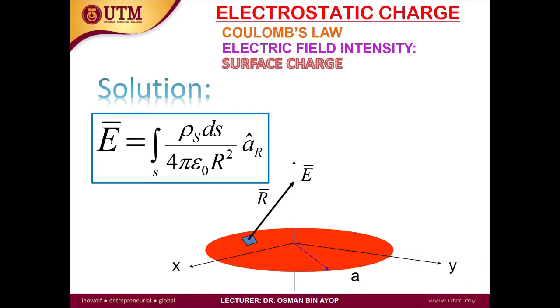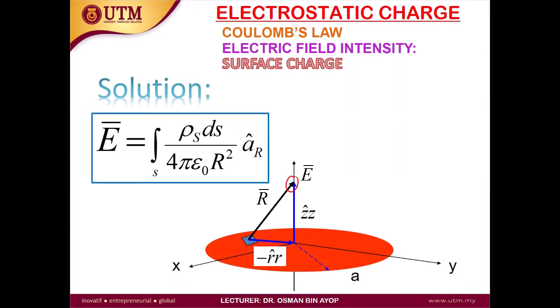And then for the sample charge, we have to write down a vector from that sample charge to our point of interest. That is our vector R. Then we have to find out what the vector R is.